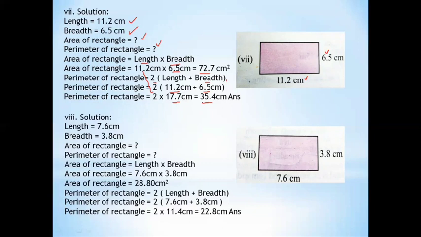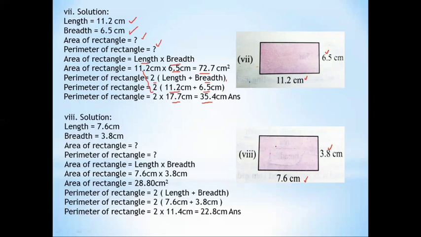Now let us start the last part, the last segment of this question. Here we have part number 8, and in the opposite figure, the value of length we are given is 7.6 centimeter and 3.8 centimeter is equal to the breadth of the rectangle.